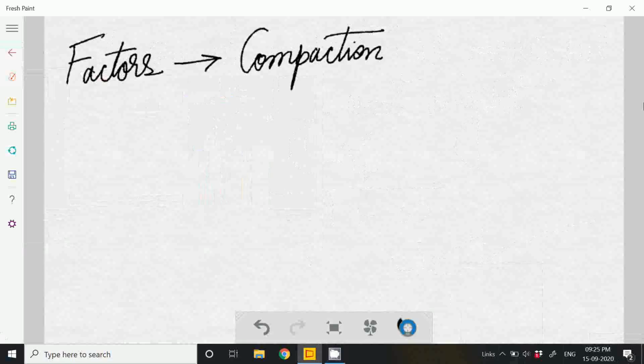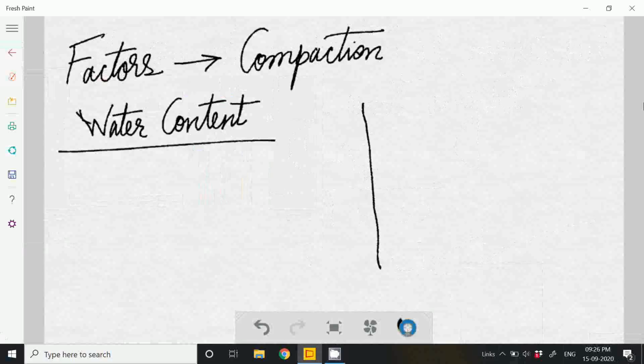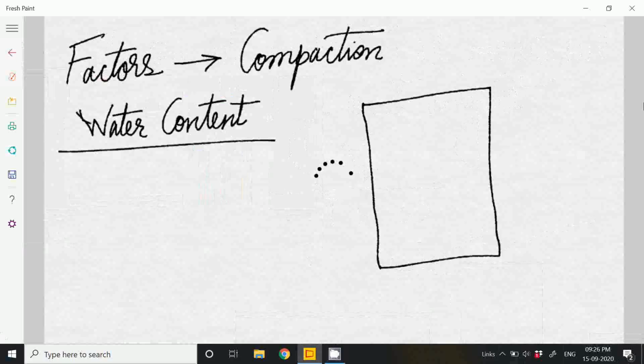Let us take the factor of water content. Water content affects compaction. How? Now say if this is a soil sample, let me take another screen. This will be much better.